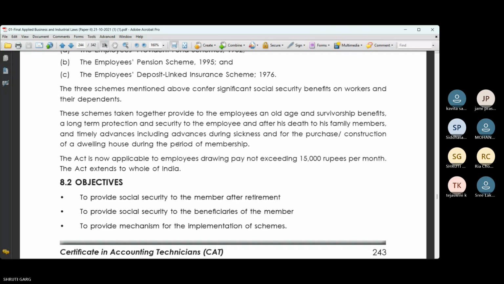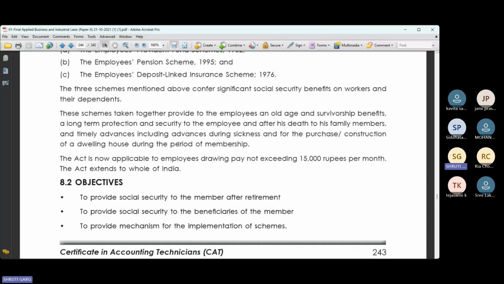Clear? Basically, these schemes were framed for long-term protection and security.